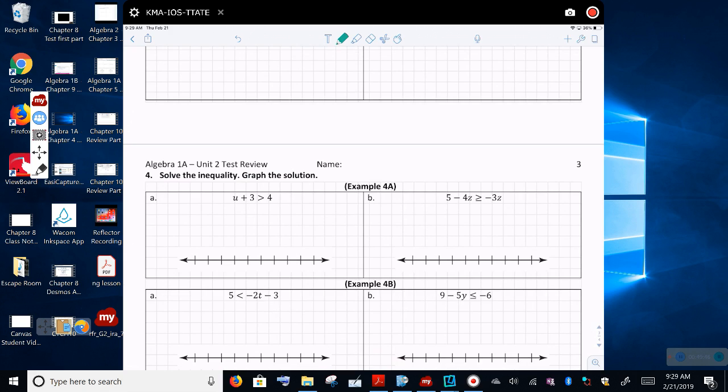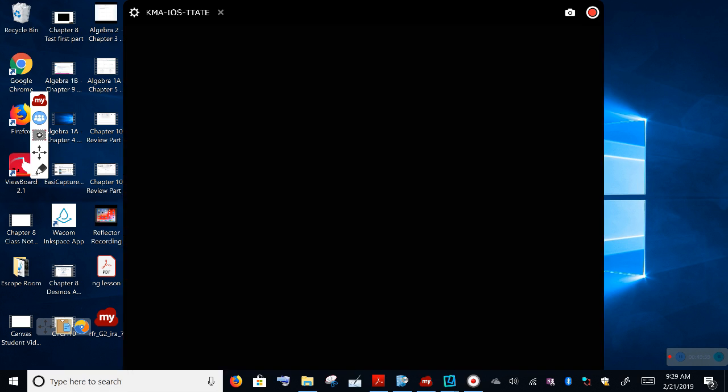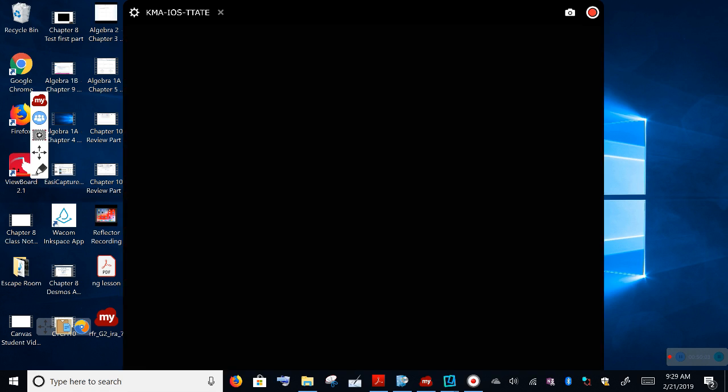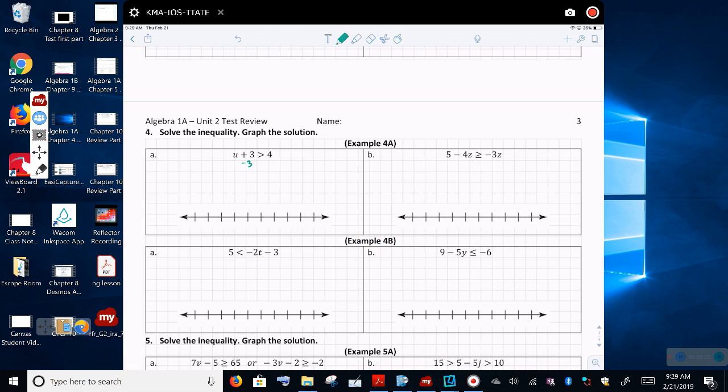Number 4 is almost like number 3 because you have to graph it, which we've already been doing anyways. Okay. What do I have to do for the 4th thing? Subtract 3. 1.